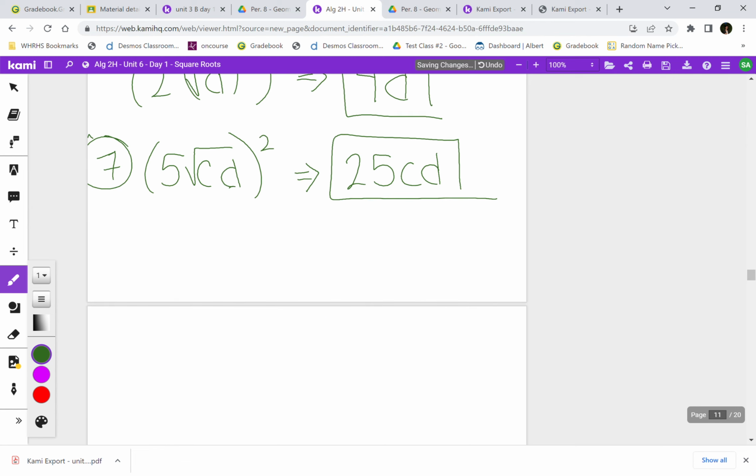All right, so now how does number 8 differ from number 7? If I were to have 2 root y plus 2 minus 3 squared. How does my process for number 7 differ from my process for number 8, and why? Number 7 is what? Kaylee?